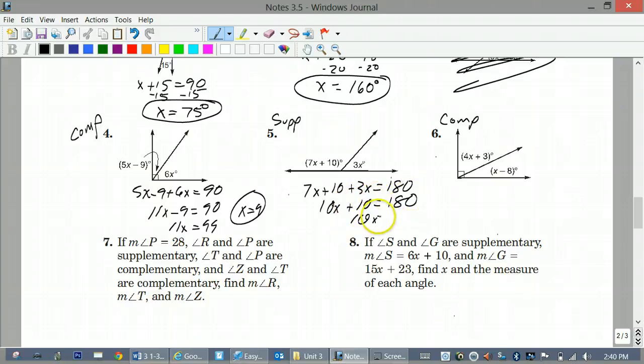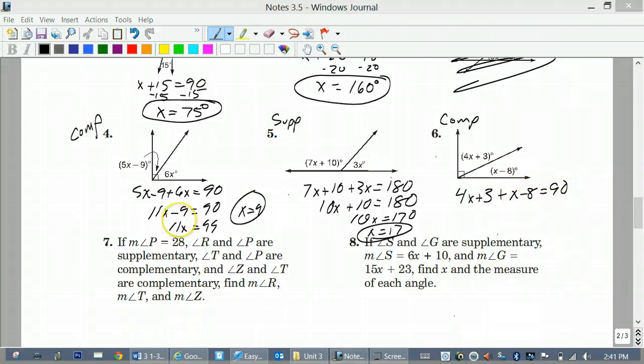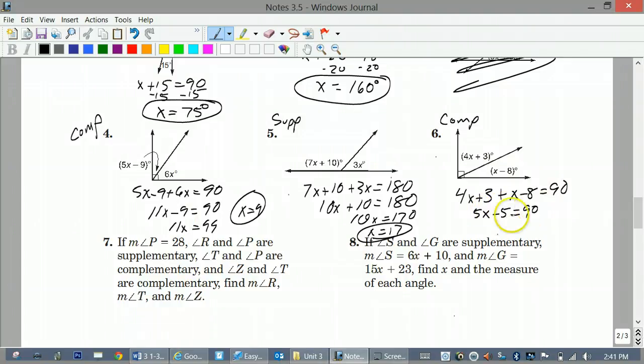So 10x is 170, x is 17. And the last one, they add up to 90 because they're complementary. So number 6, 5x minus 5 equals 90. 5x equals 95. X is 19.